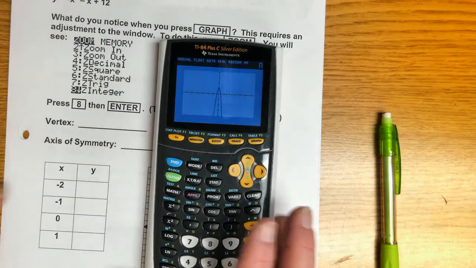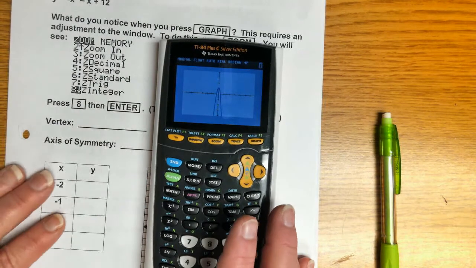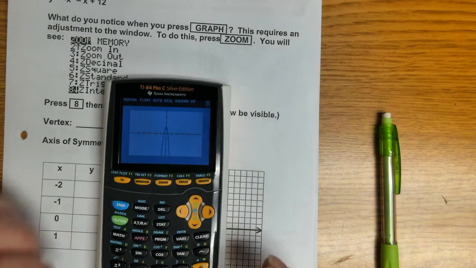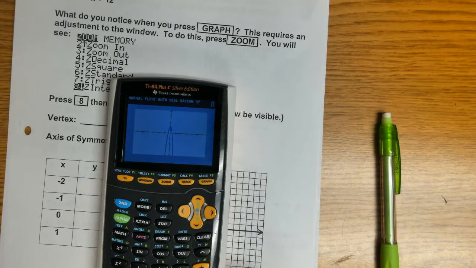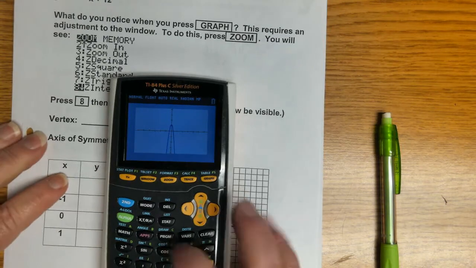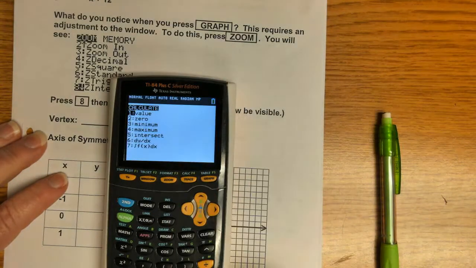So now, where is my vertex? So we're going to go back, and what are we going to do? You're going to press second trace, and then it says we have what, a minimum or a maximum this time?